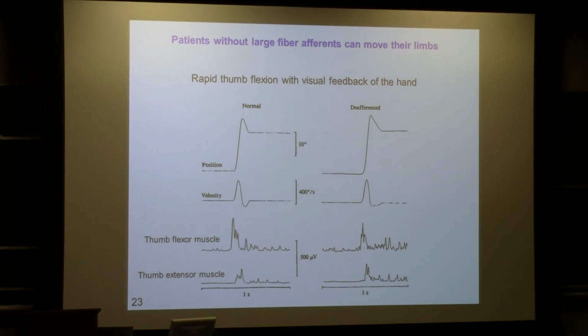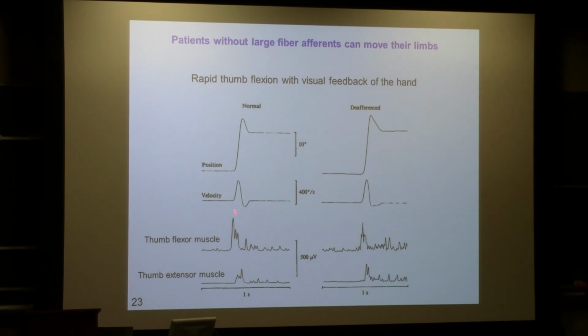And of course, they have learned to make these voluntary movements long before they lost the sensory feedback. And I want to show you the comparison between movements here between healthy individuals and deafferented individuals. So remember that when a normal movement takes place, here's the velocity. If you look at the muscles, you should see this three-burst activity: agonist, antagonist, back to agonist.